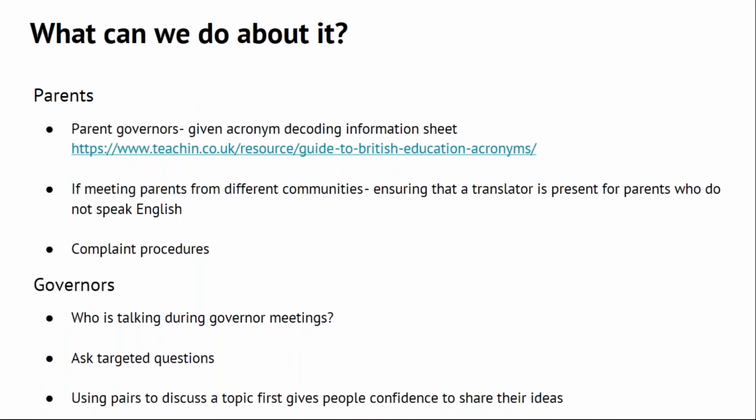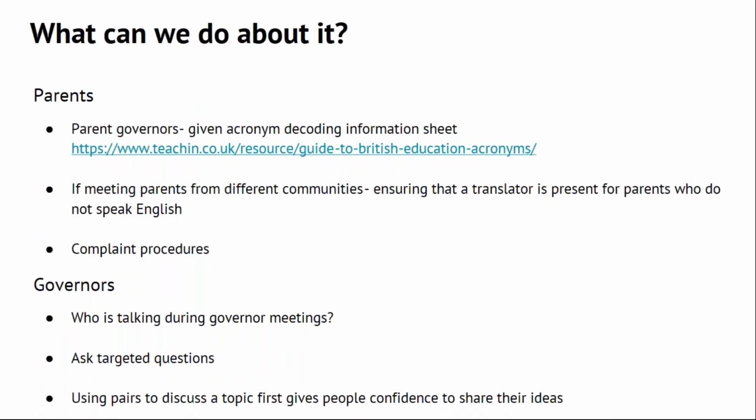So asking one particular governor to share back on something, giving them an advance warning, or asking them within the meeting, but also using pairs, to discuss a topic at first, which can give people the confidence to then share their ideas if they've already aired them out.